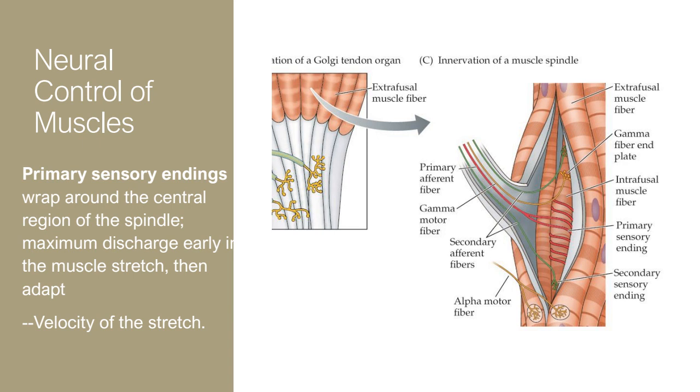This is how these sensory endings provide information about both velocity and length. The early part of the stretch tells us about velocity and length, and at the end of the movement, the contraction, we're getting information about length only.